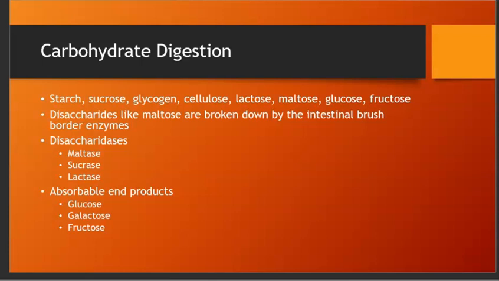These enzymes include disaccharidases, and a few are maltase, sucrase, and lactase. Absorbable end products from carbohydrate digestion include glucose, galactose, and fructose. Pancreatic amylase digests starch into maltose, and that's why it's mentioned here as a disaccharide.